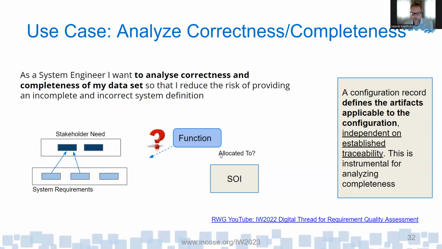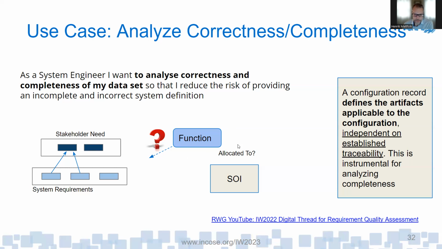Will you be able to find that function if you rely only on trace links? Probably you won't, if there's no link to it. Or, for example, a stakeholder need that doesn't trace to anything. How will you find that need if any link has not been established yet?